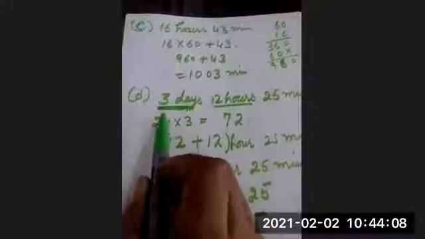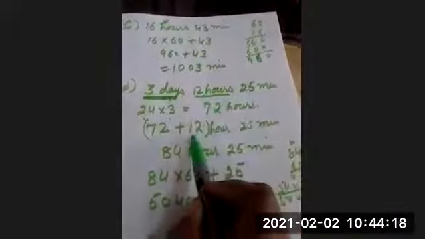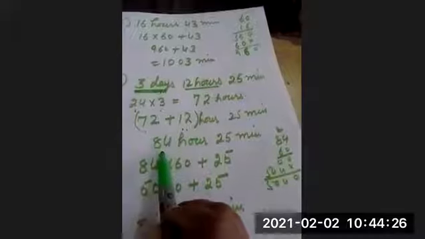In one day, we have 24 hours. In 3 days, 24 into 3, that is 72 hours. Then add 12 hours as it is. 72 plus 12 is 84.